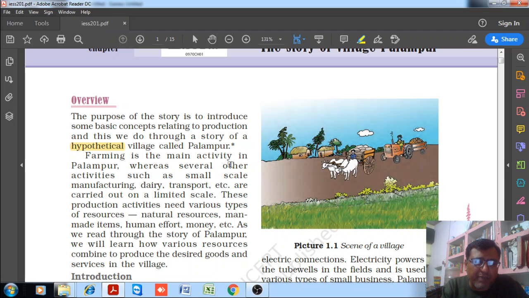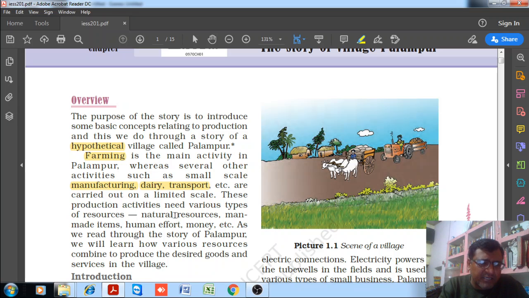Farming is the main activity in Palampur, whereas there are several other activities such as small scale manufacturing. You know that farming is the primary economic activity, and manufacturing is the secondary economic activity. Dairy and transport are the tertiary kind of economic activities you have studied about in the last classes.